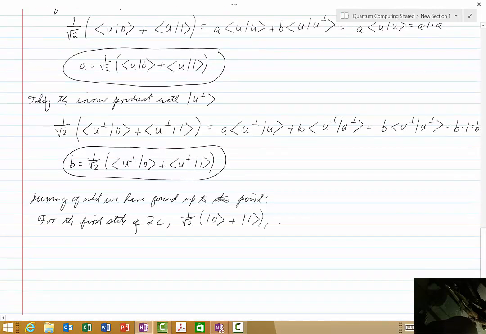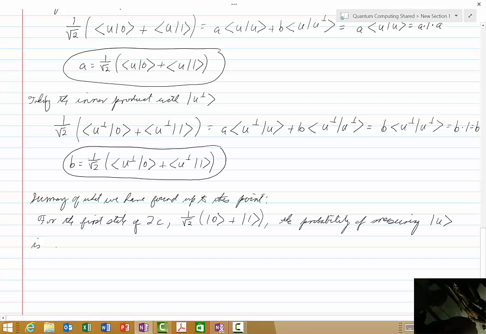The probability of measuring u is, now remember, this will be a times the complex conjugate of a.